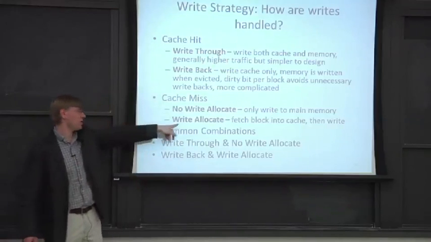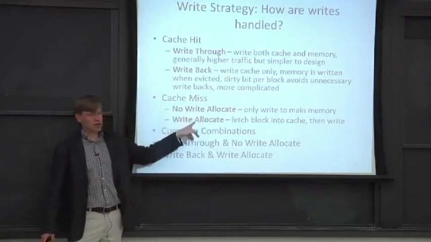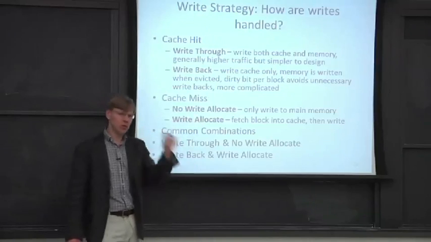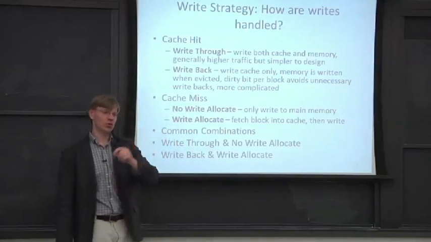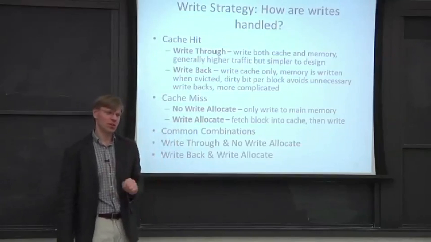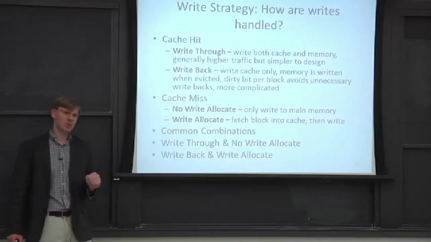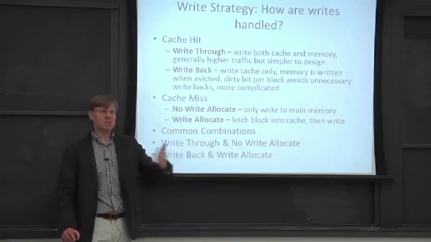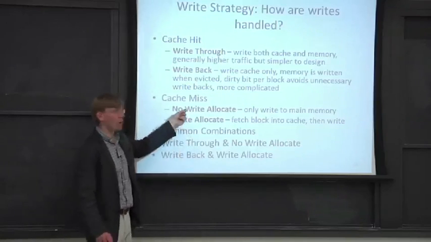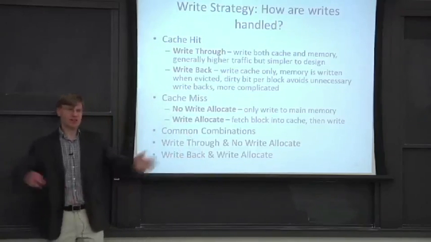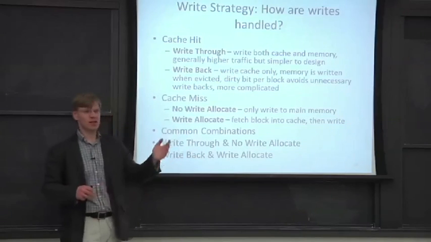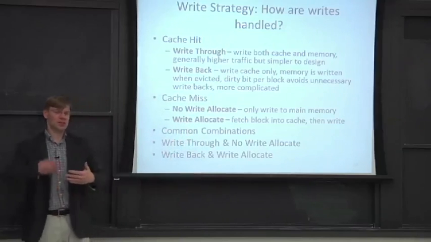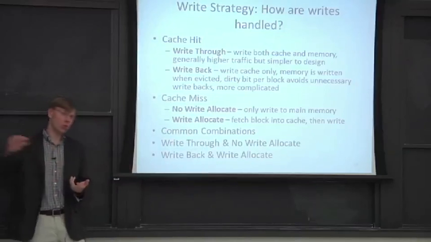The other thing I did want to point out is there is a heuristic going on with no write allocate: if you read that block, then it will get into your cache. So maybe the first store that you do to the address won't allocate, but the next load you do will allocate. So you're not going to miss that much by doing no write allocate. It's not like you've lost everything forever. It's just that first write, oh, well, I had to go out to the main memory system. But the next load that I do from, let's say, my stack or some local variable will pull that line in anyway.